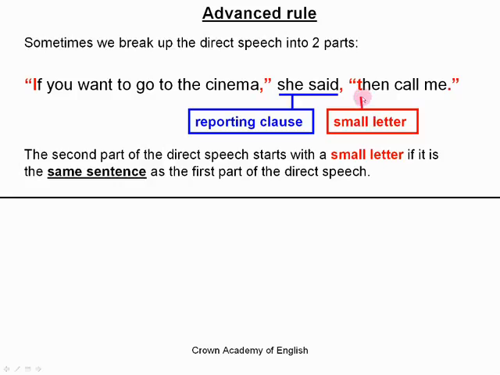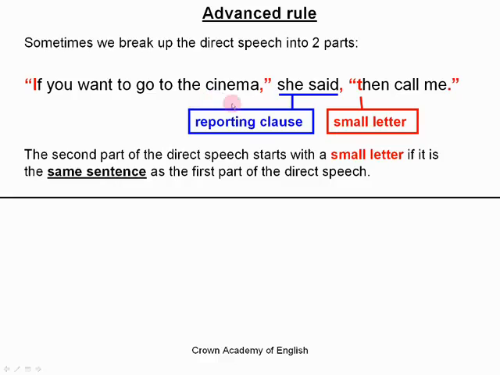Okay, so here we do not write a capital letter because "then call me" is the same sentence as the first part. Okay? Because the complete sentence is, if you want to go to the cinema, then call me. It is the same sentence. So we write a small letter here.